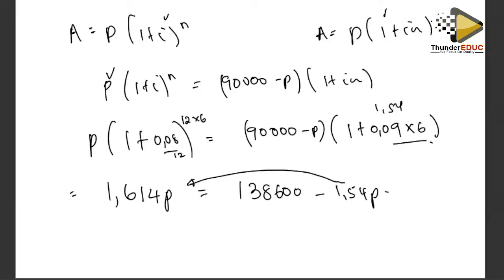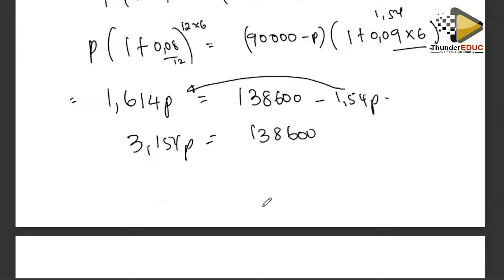I'm going to move this one to that side. Okay, so 1.54 plus 1.614, which gives me 3.154P equals 138,600. Then I'm going to divide both sides by 3.154.